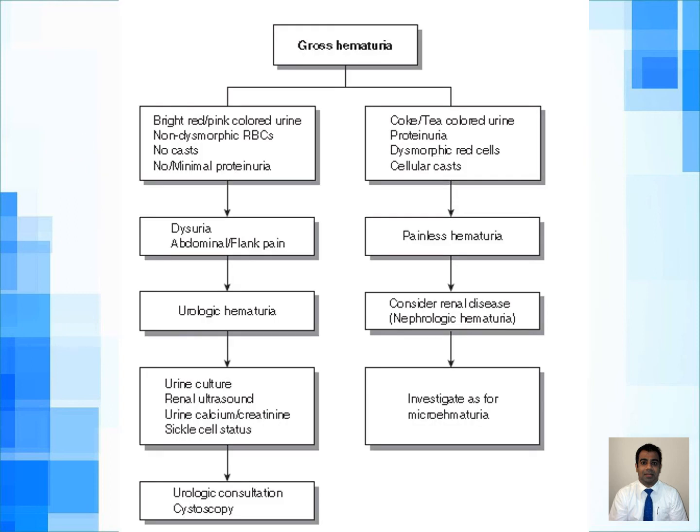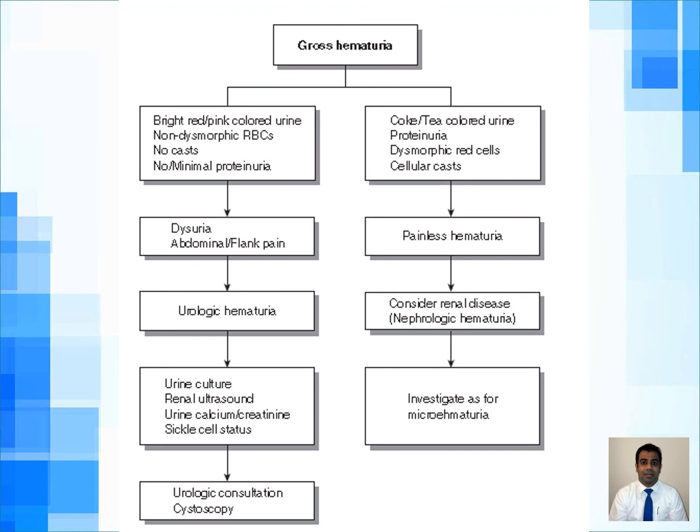So this algorithm just basically summarizes what we've just discussed. If you have gross hematuria and you see bright red colored urine or pink colored urine with no dysmorphic cells, no casts, minimal proteinuria, that is a lower tract bleed. Look for dysuria, abdominal pain to exclude an infection, and look for urological causes of hematuria.